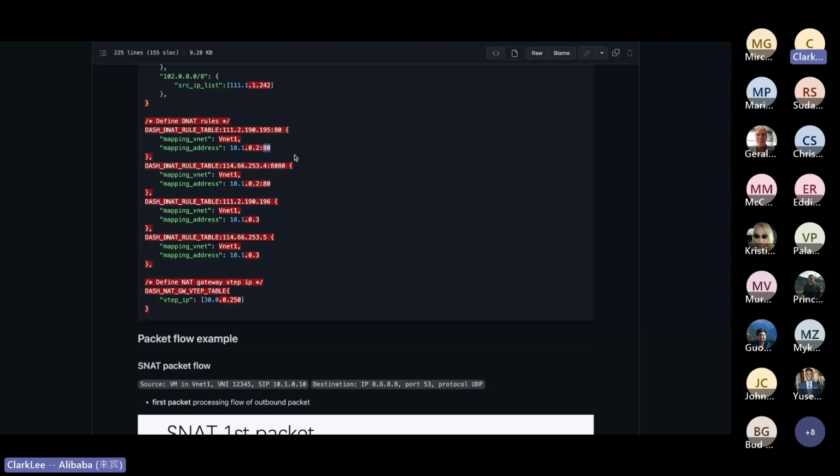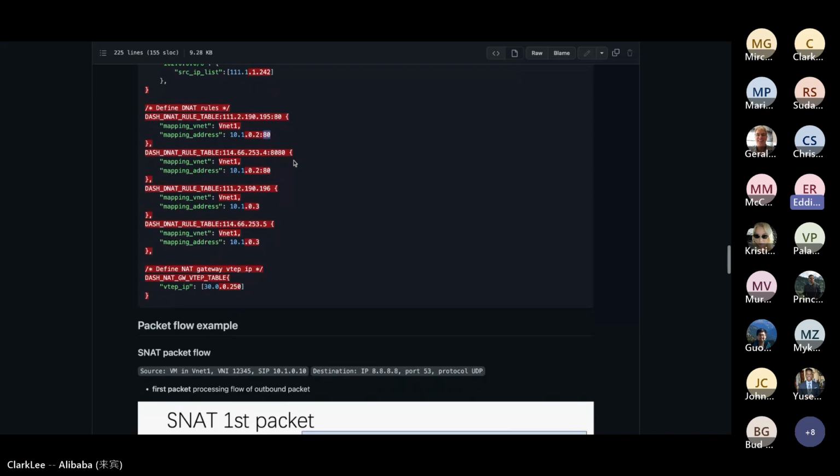If ENI identifies a VM, this actually means a certain VM IP plus the service port number. Guan, do I understand correctly?